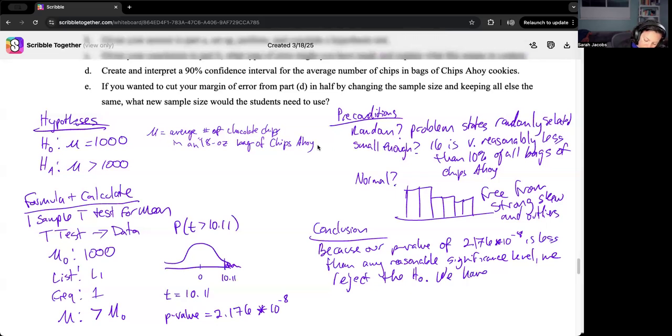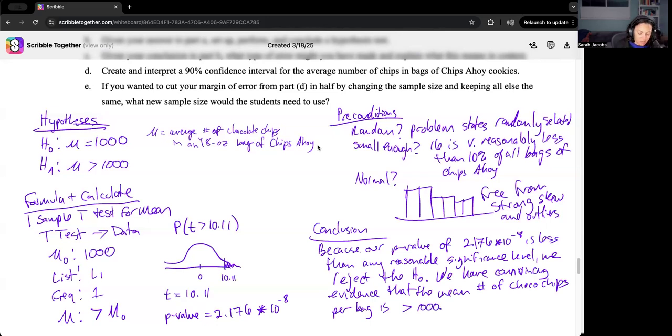We have convincing evidence that the mean number of chocolate chips per bag is greater than 1,000, right? That was our alternative, that it's greater than 1,000. Okay. A. Oh, no, sorry, that was B. Oh, thank goodness that was B.